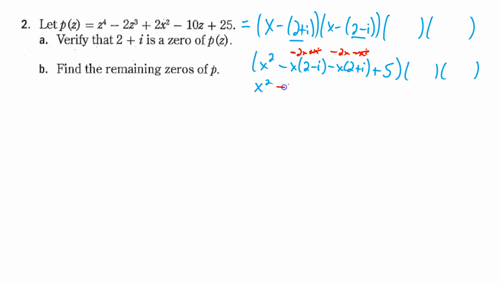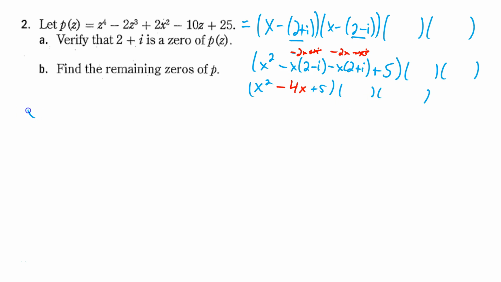I'll put that in red, that's okay. So minus 4x is what came from those 2 middle terms, and then I have plus 5. And that's multiplied by whatever these other 2 factors are to get me P of z. So what I'm going to do is divide p of z, or p of x, by this polynomial. I'll use long division, and that'll give me the resulting quadratic that I'll have to factor.